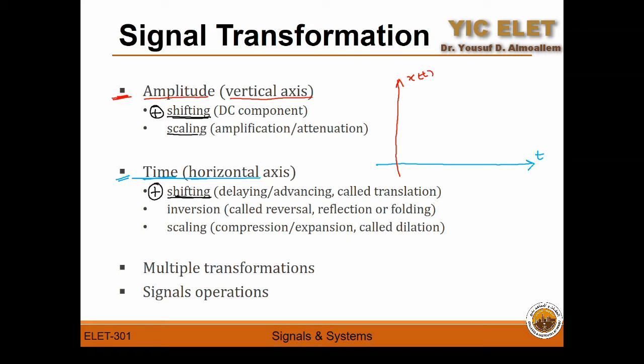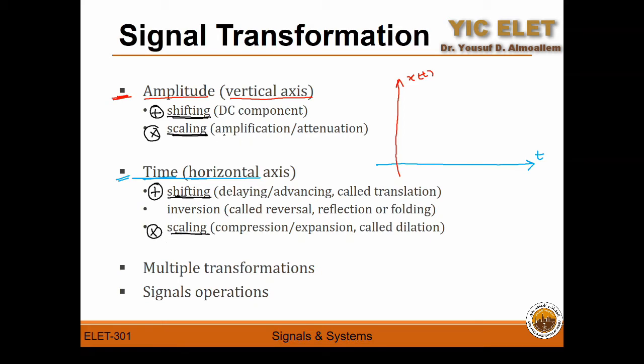Compared to the second way, which is scaling, and this is nothing but just a multiplication operation. So if it is shifting, it is associated with addition or subtraction. If it is scaling, then it will be associated with multiplication operation.